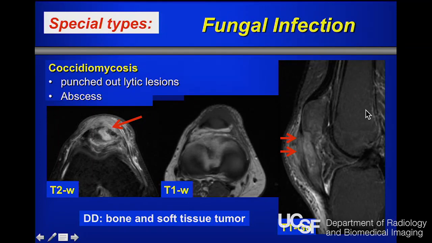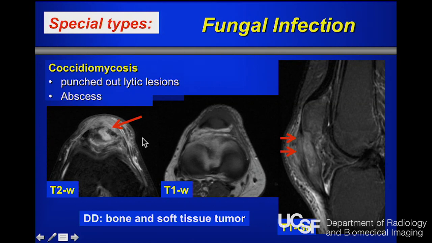And the final type of infection I want to talk about is coccidioidomycosis, which is quite frequent in this area of California, especially in the Central Valley, where you see these focal erosive changes, which sometimes can look like tumors.